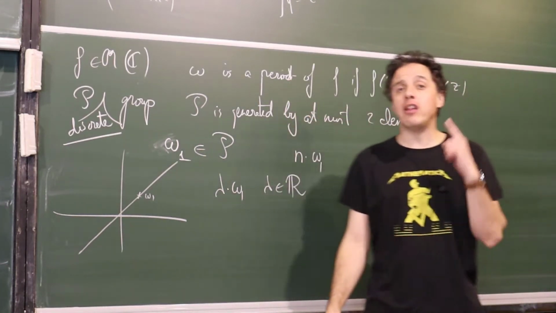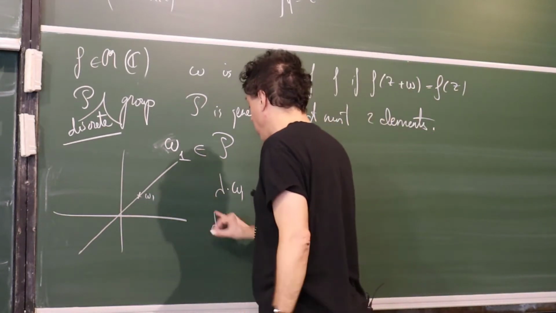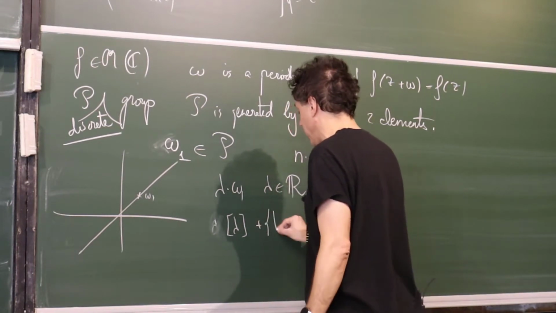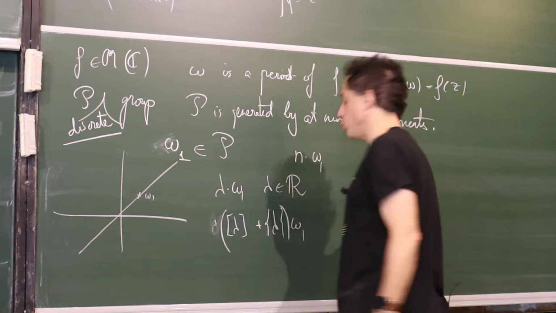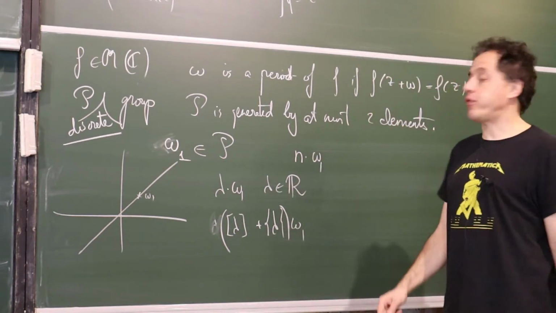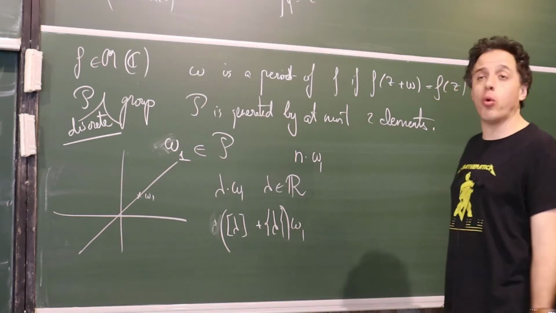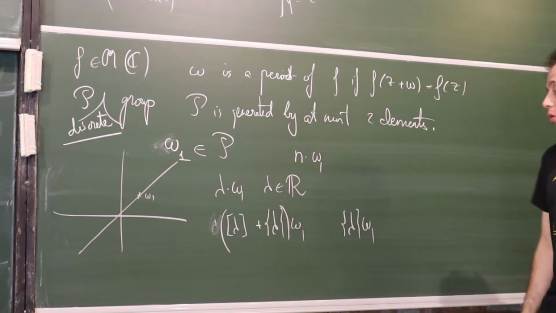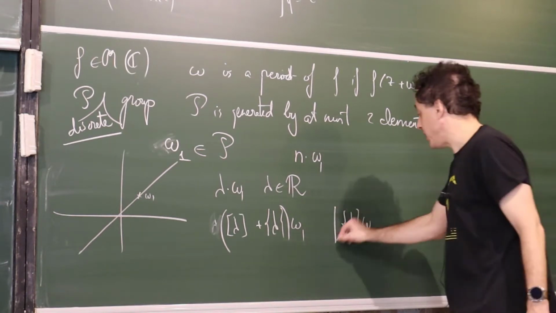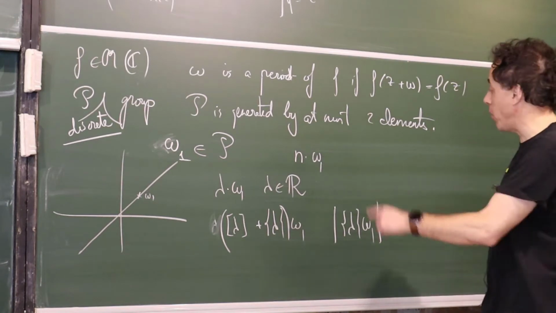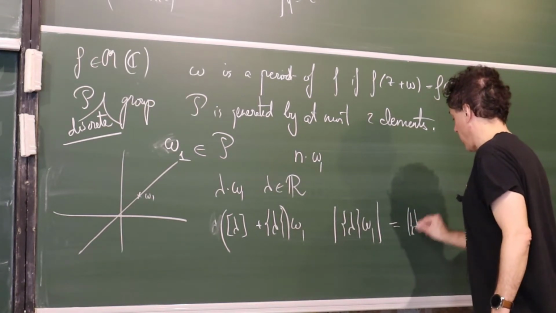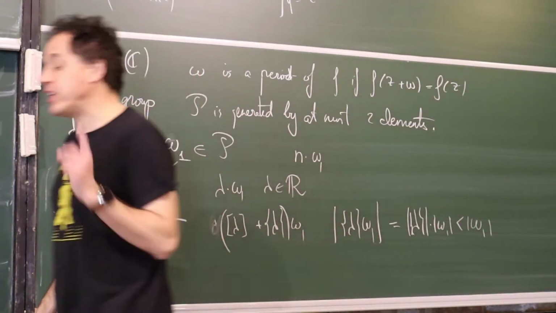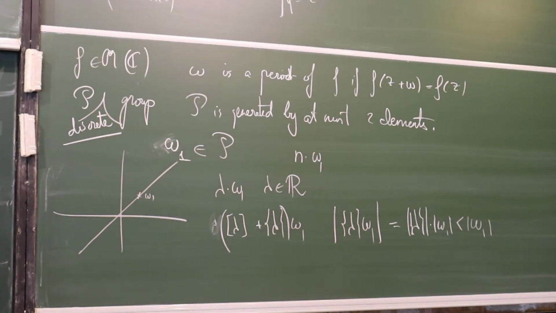Assume you have some period lambda omega 1, where lambda is a real number. If lambda is not an integer, we could decompose this period as the integer part of lambda times omega 1 plus the fractional part times omega 1. As integer multiples of omega 1 are always periods, the remaining part would also be a period, but it has modulus strictly smaller than omega 1 if lambda is not an integer, which is not possible.